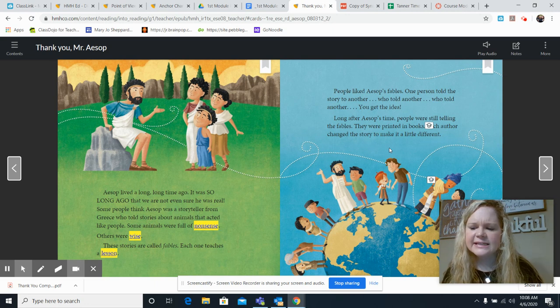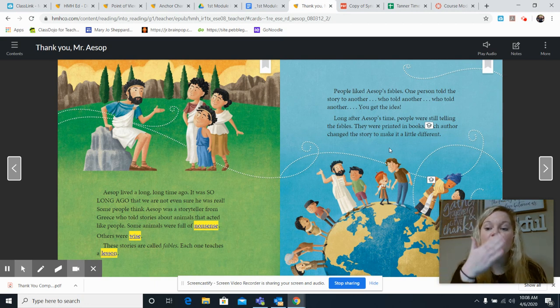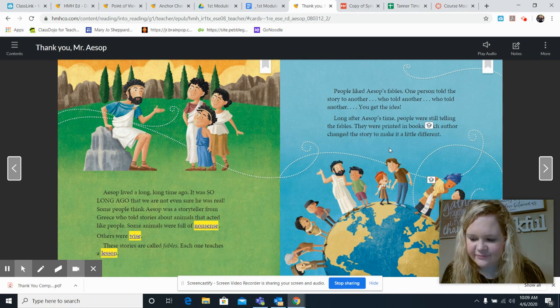So when we're synthesizing on this page, what was the important idea? The stories being told from one person to another, to another, right? The same story is being told over and over. And what happened to the stories as time went on? It told us at the very end there. Yeah, they changed a little bit, right?